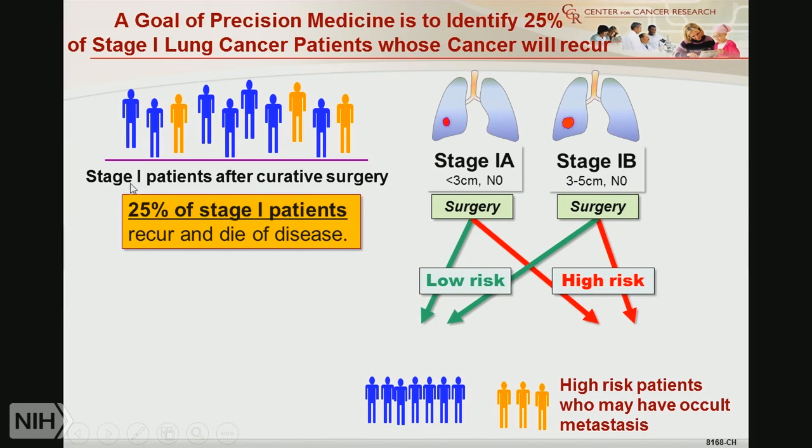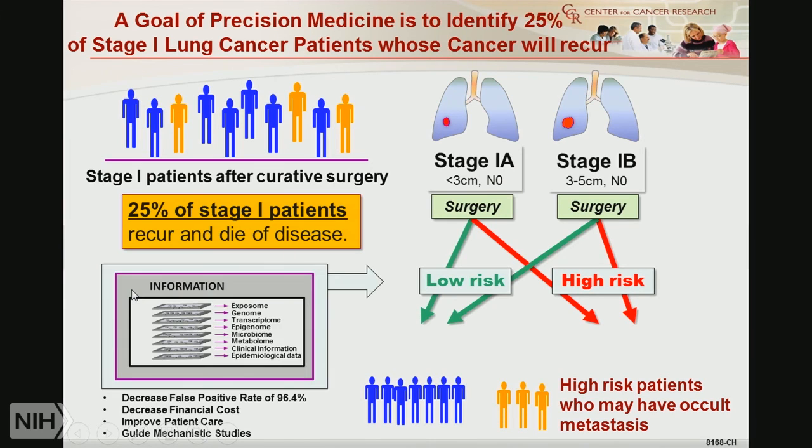So in summary, stage 1 lung cancer after curative surgery, about 25–30% of those people die. It can be either stage 1A or 1B. These are low-risk people, and there are also high-risk people, and people who have occult metastases.